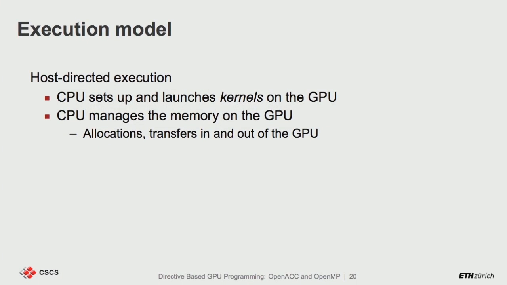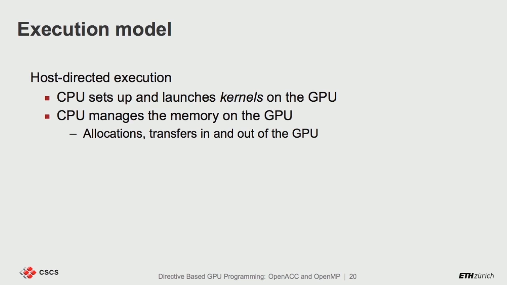So let's say a bit about the execution model. GPUs are programmed in a host-directed execution. This means that they don't have an operating system running on them, so it's not like a normal processor. You have to control them somehow externally.